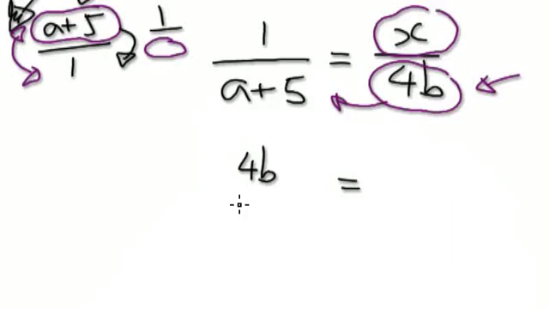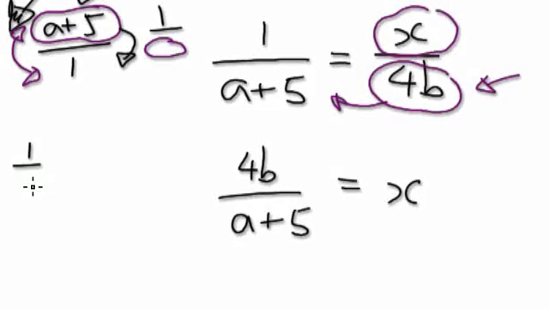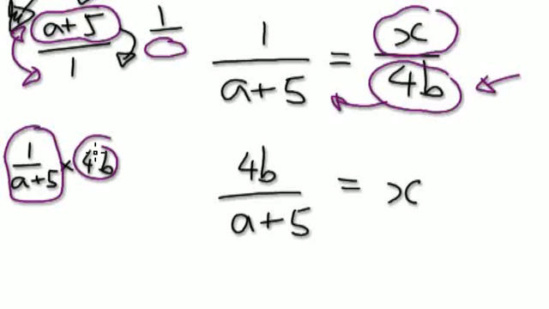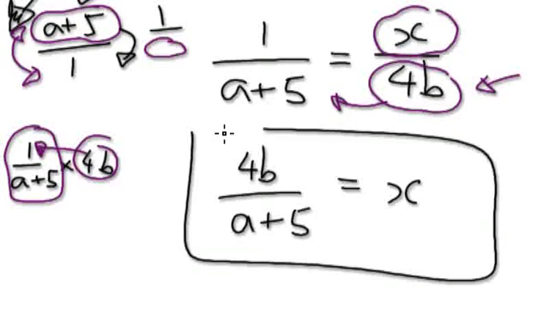So it will be 4b over a plus 5 equals x. Because here you've got a fraction, and here you've got a whole thing, so it gets multiplied to the top. Okay, now x is on its own. So that would be your final answer.